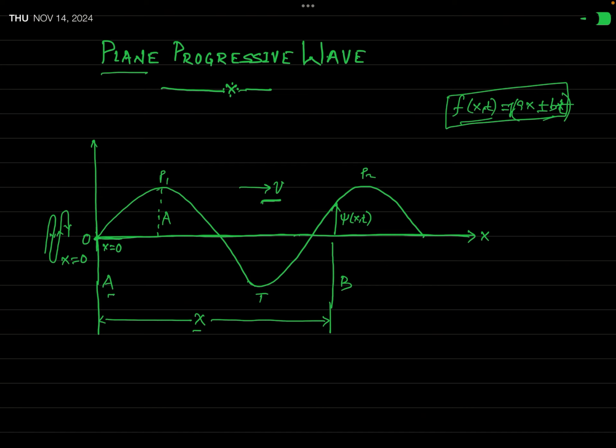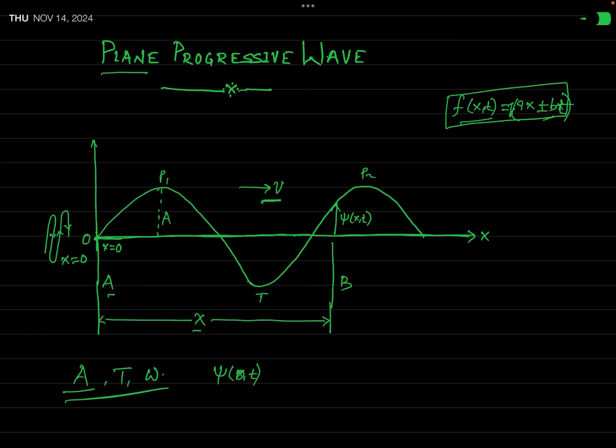let us consider that A is the amplitude of that simple harmonic motion of the particle, and T is its time period, and omega is its angular frequency. Okay. Now, if I ask you to write down the equation of motion of that particle which is executing simple harmonic motion, you know, if you consider that this psi of, not x t but psi of 0 t, because x is 0 here.